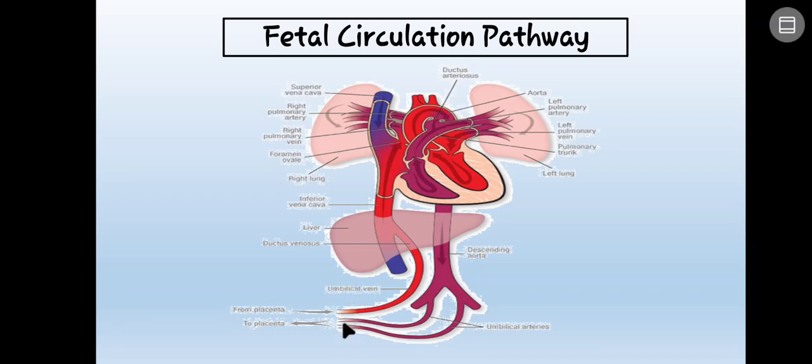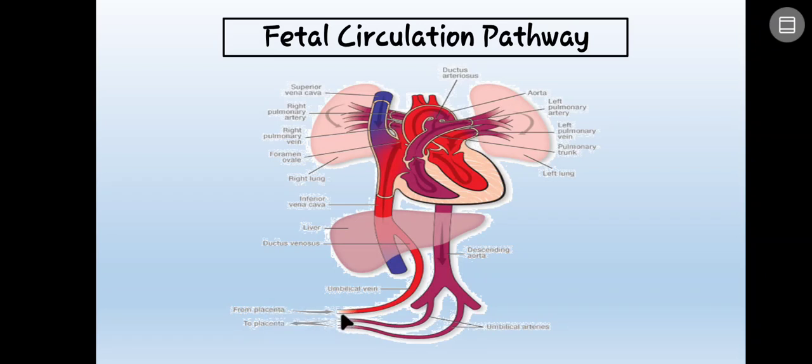This umbilical cord gets attached to the uterus of the mother. So this is the umbilical cord, which is made up of the umbilical vein and then the umbilical arteries.